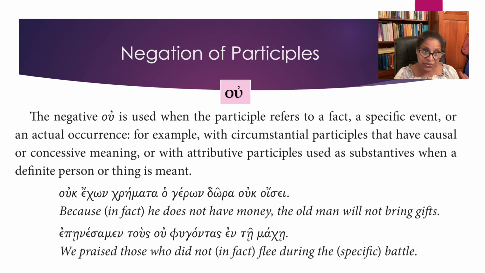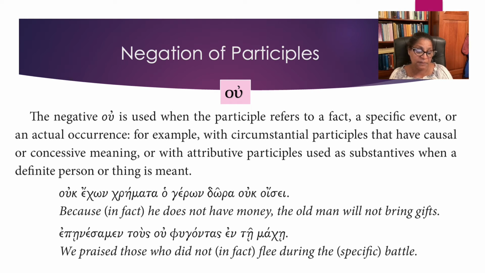If the finite verb referred to a fact, a specific event, or an actual occurrence, then you're going to negate the participle with ou, because the finite form that the participle represents is an indicative, right? So circumstantial participles, concessive participles, and attributive participles take ou when they are specific, when they refer to specific events and things.